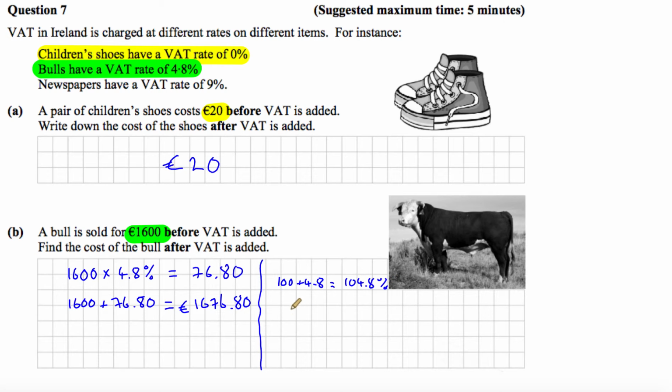So you can just multiply the €1,600 by that number, 104.8% using the calculator button, and that'll just give you your answer straight away of 1,676.80. But those two answers are the same, as you can see. So either method there is acceptable.